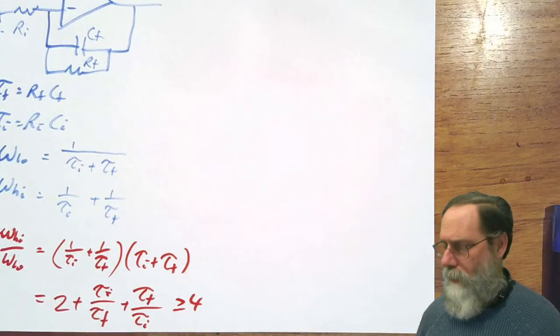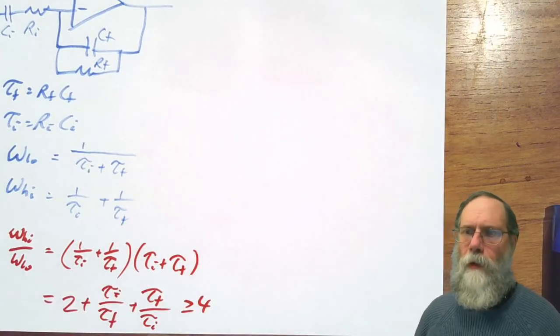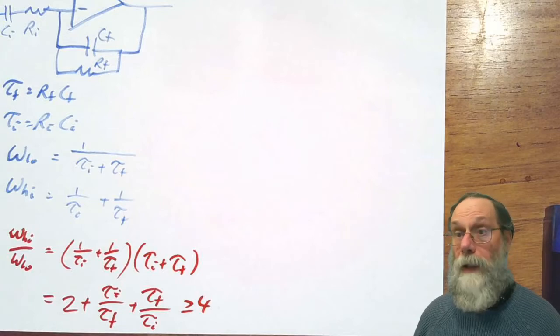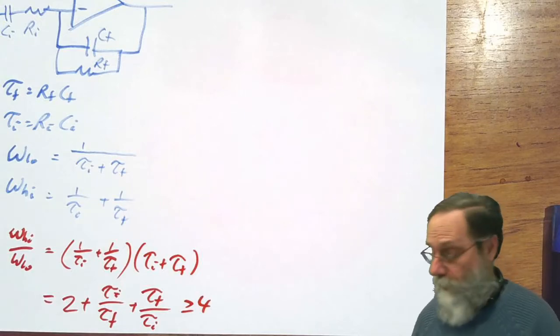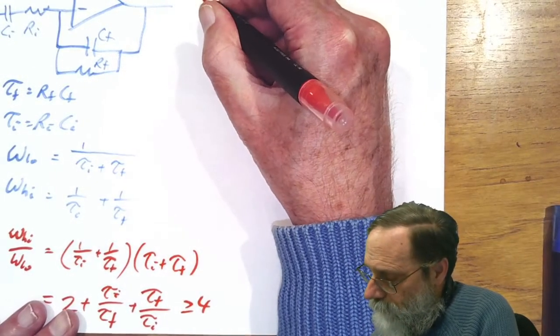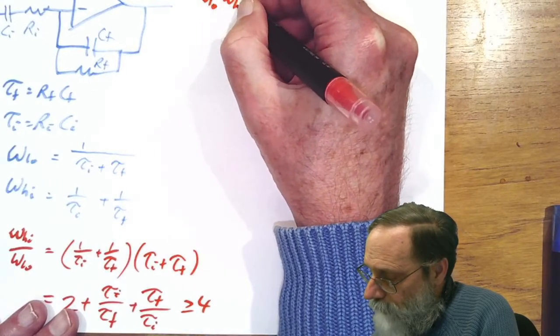Okay, what else can we do with these formulas for the omegas? Well, we could look at the product also. So omega low times omega high.